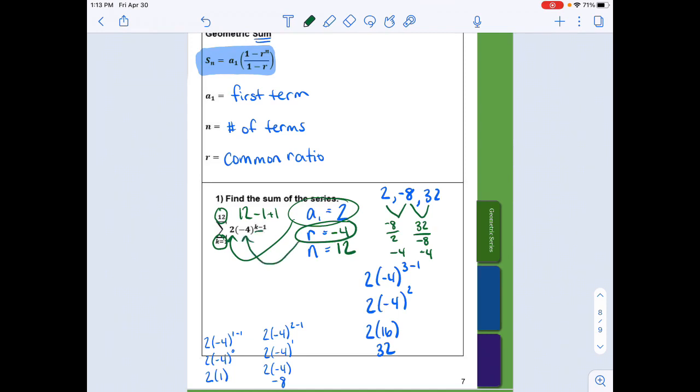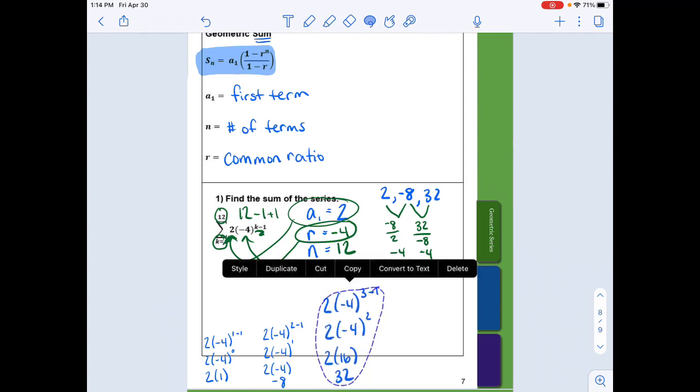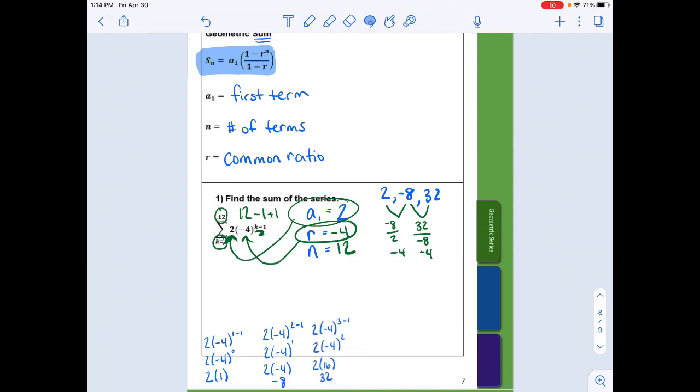I will say, depending on how our exponent is set up and how the problem is set up, that might not always be true, especially for this a sub 1 number. So you can check it. If you want, you could just assume that a sub 1 is that term in front of the parentheses being multiplied, and that r is the base of the exponent term. Or you can write out terms in your series and find them that way like we just did.